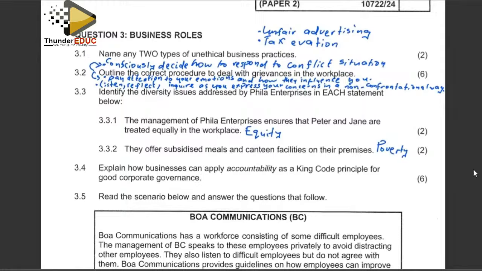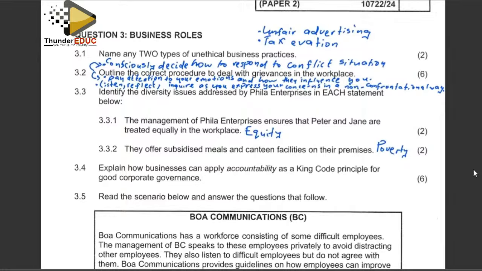So now let's check 3.4. It reads as follows. Explain how businesses can apply accountability as a King Code principle for good corporate governance. Remember, this is in line with ethics and professionalism. In short, there must be regular communication between management and stakeholders. And also, businesses should be accountable for their actions. And also, the board should ensure that the company's ethics are effectively implemented.